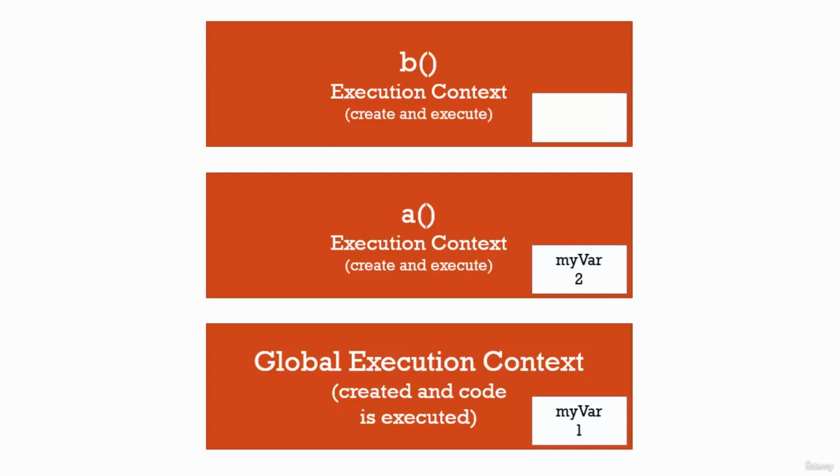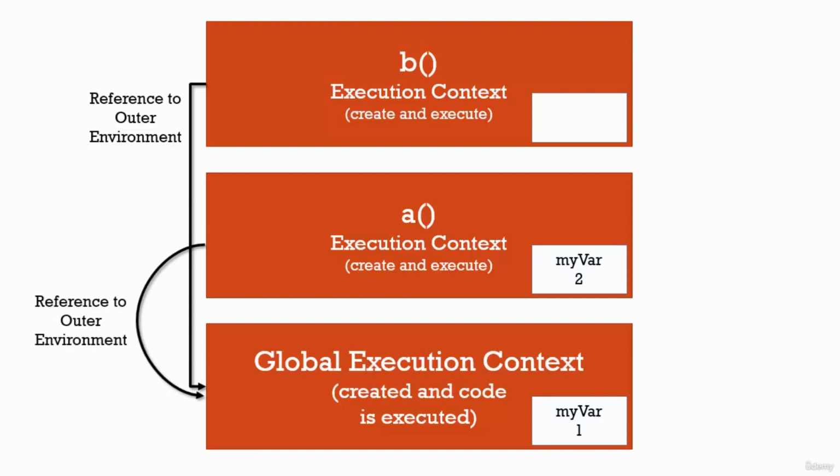Every execution context has a reference to its outer environment. Now, what is its outer environment? Well, in the case of function B, its outer environment is the global execution context. And that's also the case in function A.